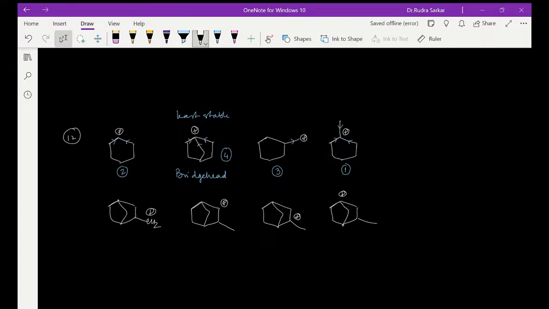Now let's call this problem number 13. Out here, electron donation is happening from only one carbon. Here it is happening from 2 ends. Here it is happening from 3 ends. So this will be the most stable. Here again, this is a bridgehead, and hence it is the least stable.